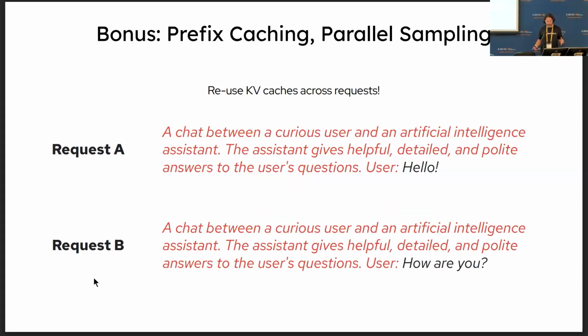One extra bonus related to this KV caching is that you can also share beforehand, because each sequence would have its own space for the KV cache. You can now share the blocks between different sequences, so you get this deduplication.